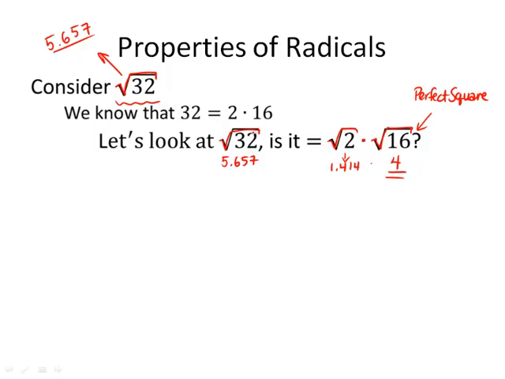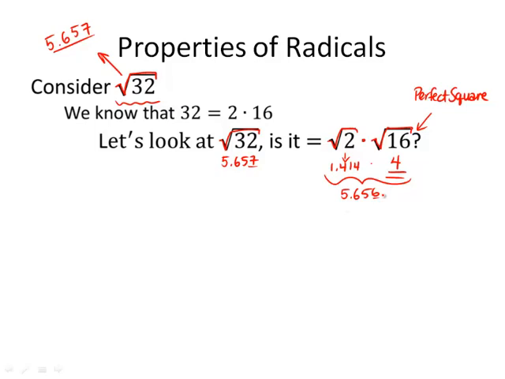Can we say that the root splits over these two numbers? Well, in that case, we could check 1.414 times 4, and look at that. That gives us 5.656. There's a little tiny bit of a discrepancy there, and that comes from rounding.